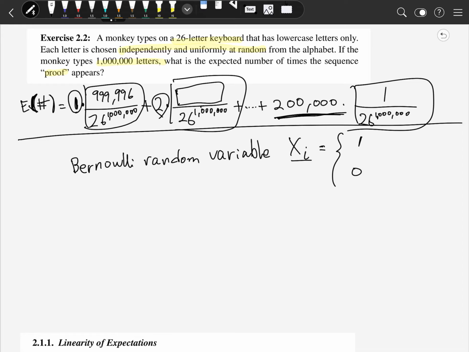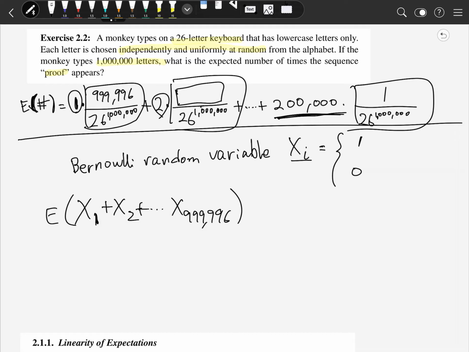And the way we are going to do this is we're going to get the expectation of E[X1 plus X2 all the way to X999,996].